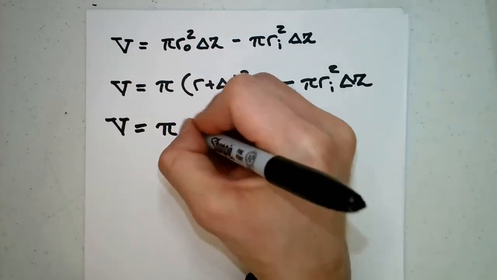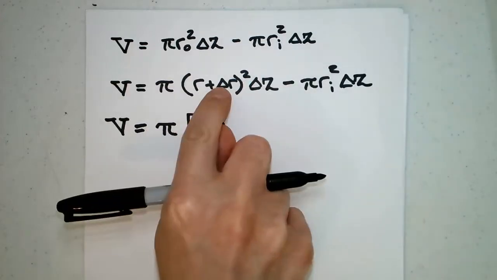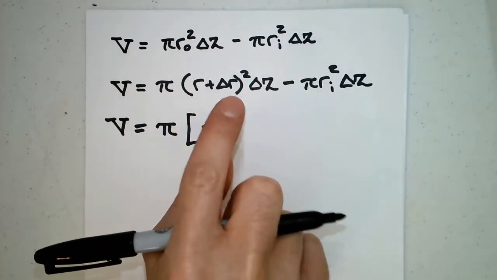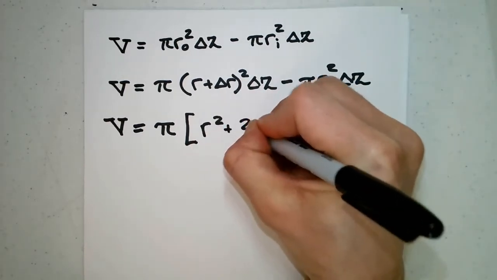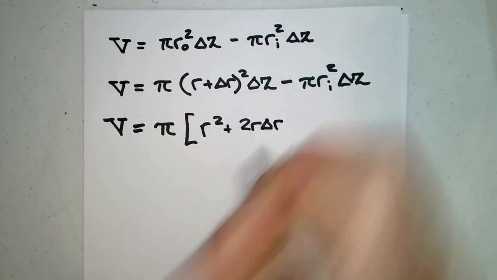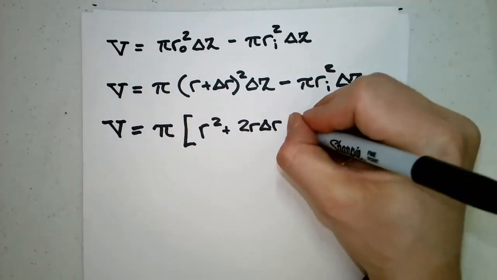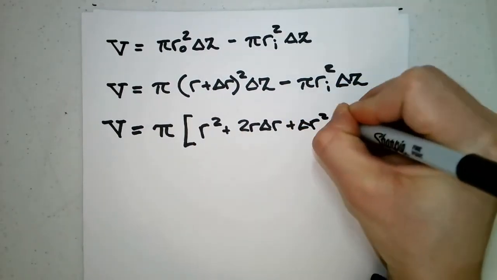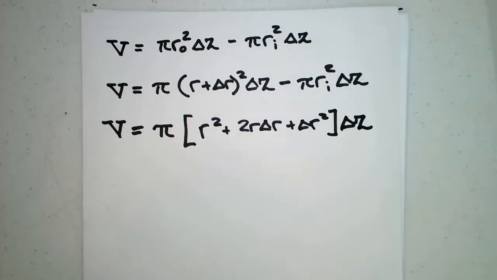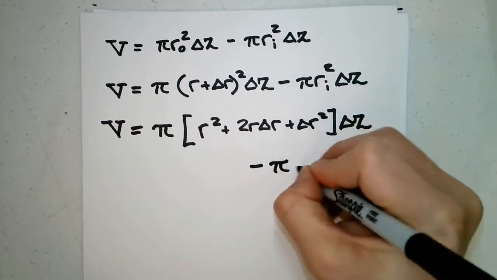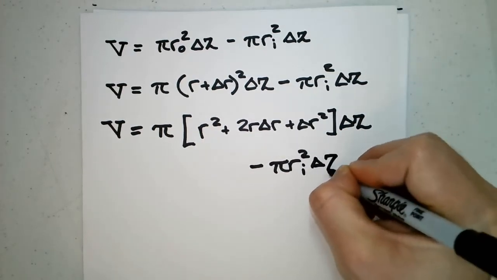So we'll have r squared plus, we're going to have 2r delta r, and then we'll have plus delta r squared, delta z, minus pi ri squared, delta z.